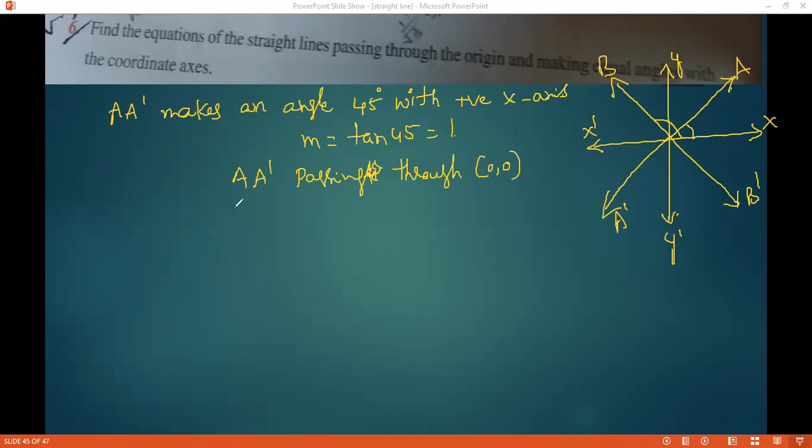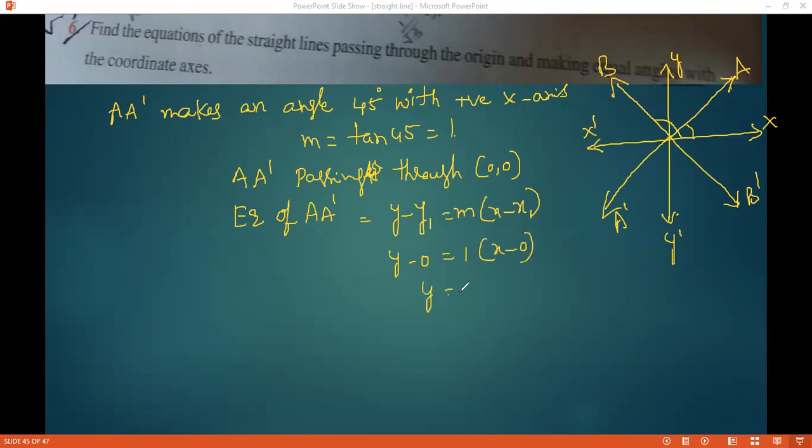Then how do we find the equation? Equation of AA dash is y minus y1 is equal to m times x minus x1. Y1 is 0 and m is 1, so y minus 0 equals 1 times x minus 0.